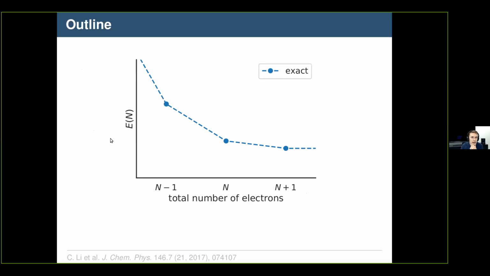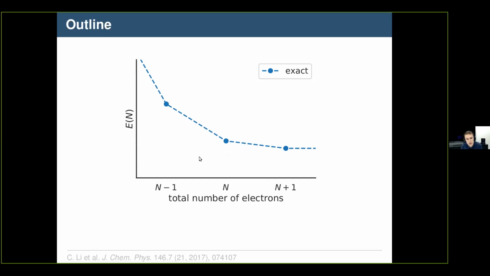In that example I gave of the stretched H2 molecule, if we just focus on one of the hydrogen atoms, basically what you've got there is a single hydrogen atom with half an electron on it, which is a bizarre object, but it's meaningful in the scope of density functional theory.